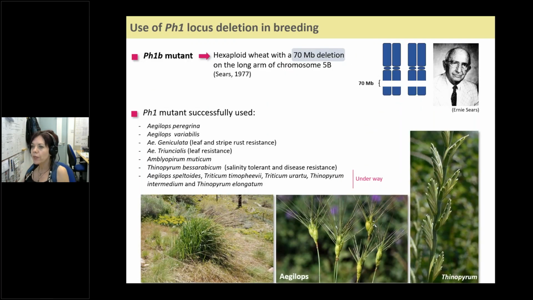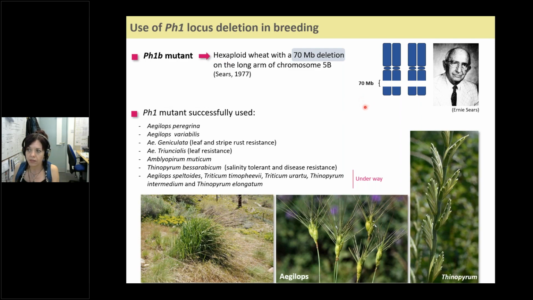So how has Ph1 been used in breeding until now? In 1977, Sears obtained a Ph1 mutant in hexaploid wheat, which he named Ph1b, and this is the mutant that has been mostly used for breeding and for most of the research related to this locus. Now, this Ph1b is a deletion mutant.